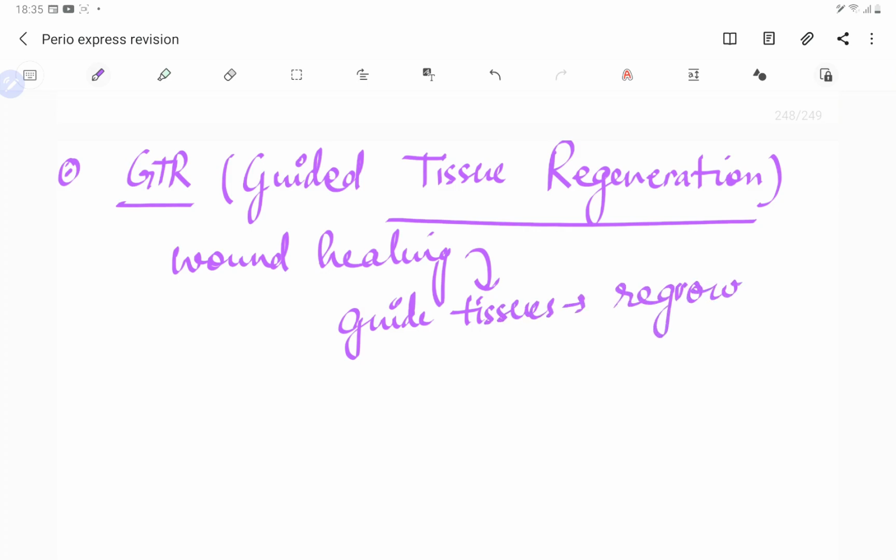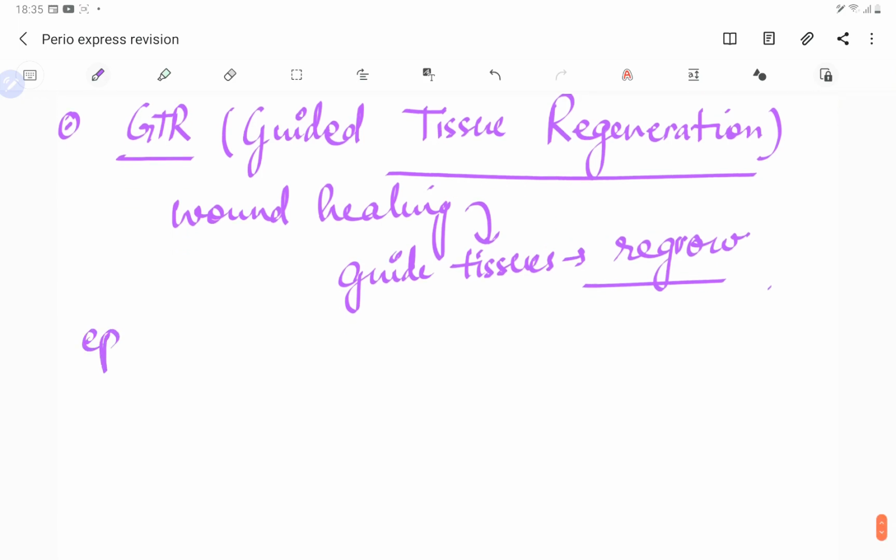So certain tissues we are going to regrow, certain tissues we want to restrict. So which are the tissues we want to restrict? Suppose there is epithelium. Suppose in a healing process the epithelium dominates in the wound site. That means the epithelial cells are proliferating as a result of the healing process.